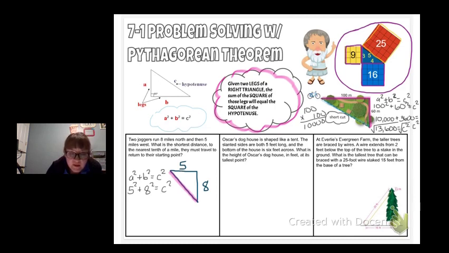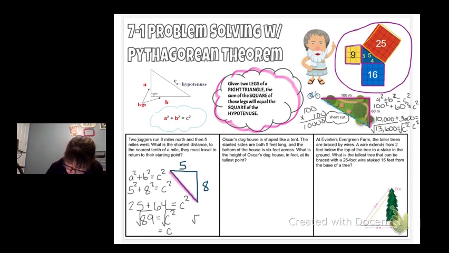Of course, 5 squared is 25, plus 8 squared is 64, and that will equal c squared. So now 25 plus 64 will give us 89. So if 89 equals c squared, to get c, we'll take the square root of both sides. And so again, you can leave it as the square root of 89, or you can plug 89 into your calculator and take the square root.